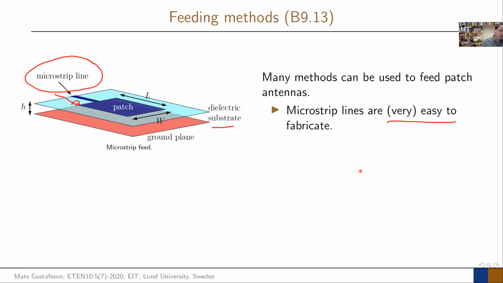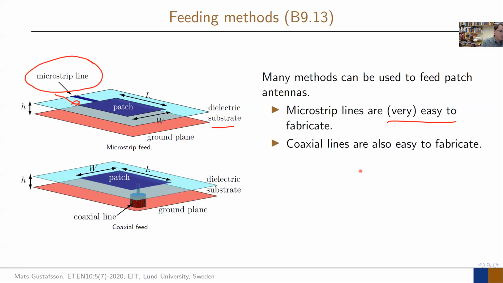Then you can ask, how should I excite the microstrip? And maybe there you will need a coaxial cable and then do what we do directly in the next one, and that's to use a coaxial line, which is also easy to fabricate. In this case, we have a coaxial line, so the signal is coming from below, underneath the ground plane, which is what you have here.